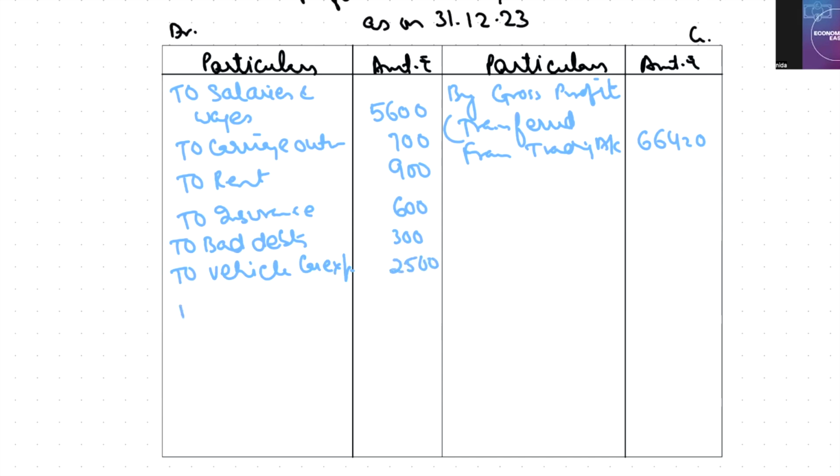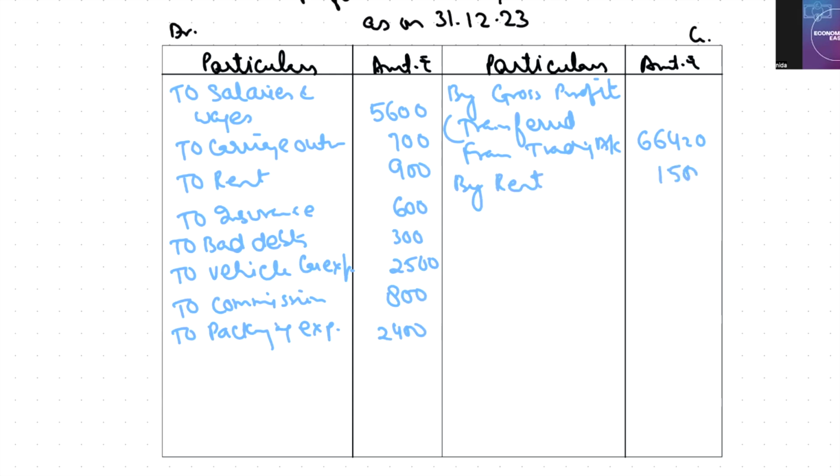To commission 800. To packaging expenses 2,400. Now here rent is received 1,500. Now I'm going to do the total.